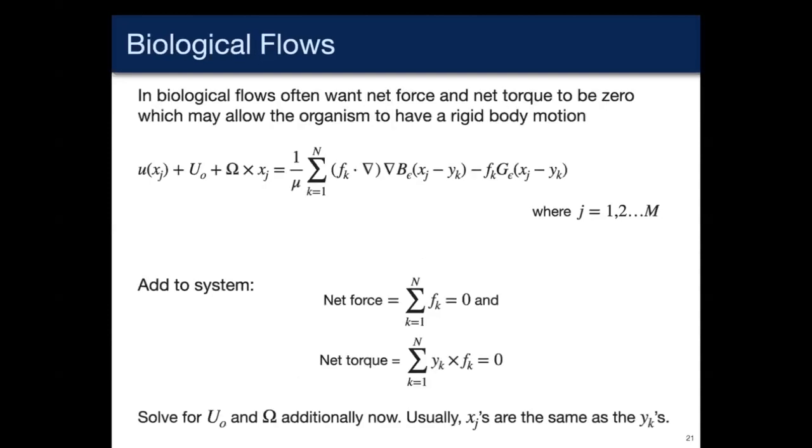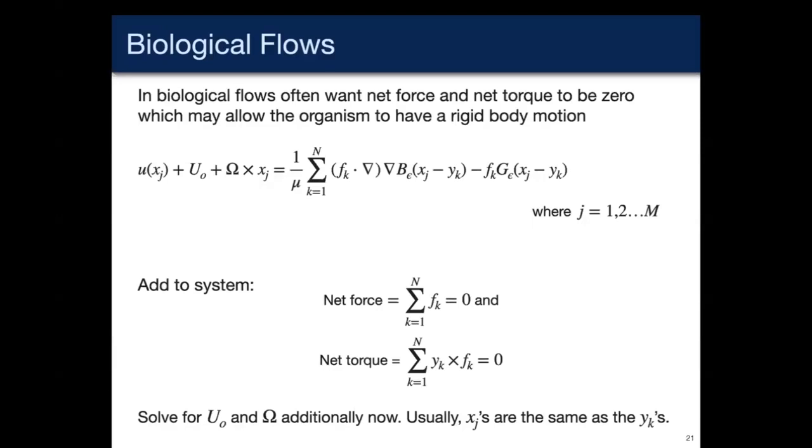Biologically, we do need to make assumptions about these flows. So biologically, we often want the net force and net torque to be 0. And so instead of having a freedom to choose our constant translational and angular velocity, we're going to use these two constraints to solve for our translational and angular velocity.